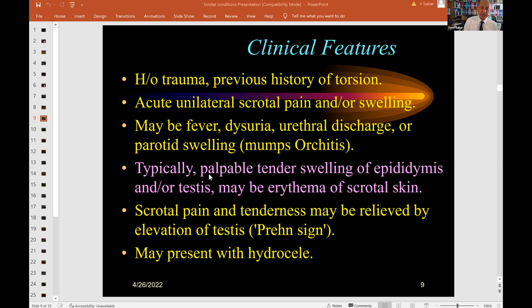Typically, there would be a palpable tender swelling of the epididymis and/or testicle, and there may be erythema of the scrotal skin. There may be scrotal pain and tenderness, which might be relieved by elevation of the testicle in a supine position, which constitutes the Prehn sign. Epididymoorchitis may present in association with a reactionary hydrocele.